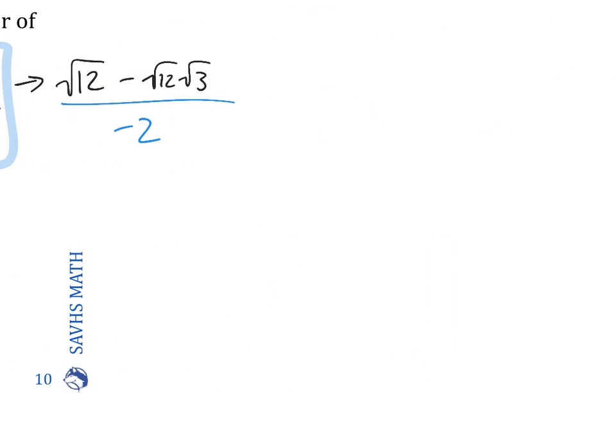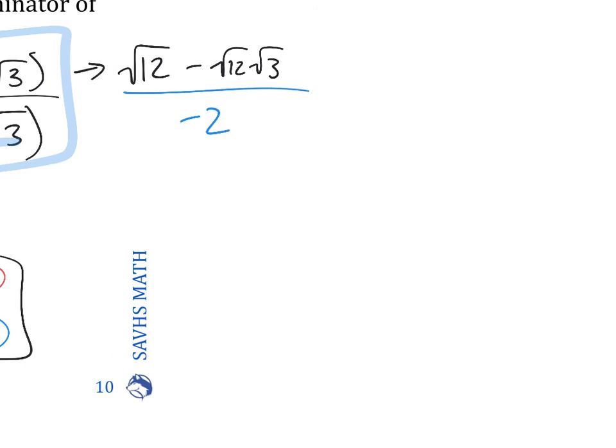Now let's do a little simplifying with the numerator because I think there's some stuff we can do there. Square root of 12 is square root of 4 times 3. 4 is 2 squared, so we can rewrite this as square root of 2 squared times 3, and then we can take this 2 out and rewrite it as 2 square roots of 3.